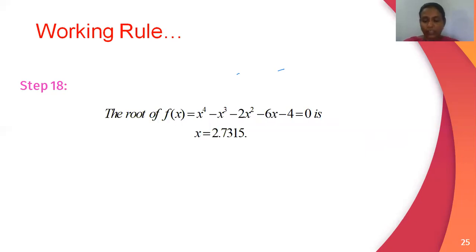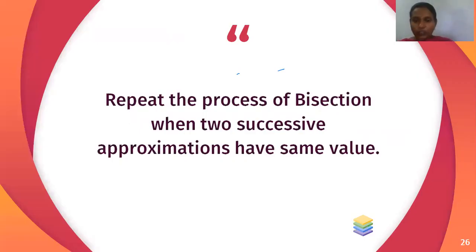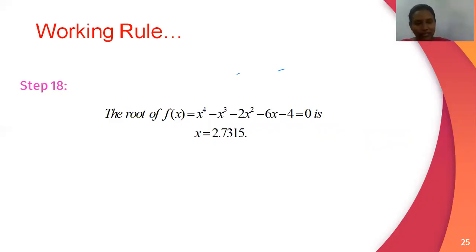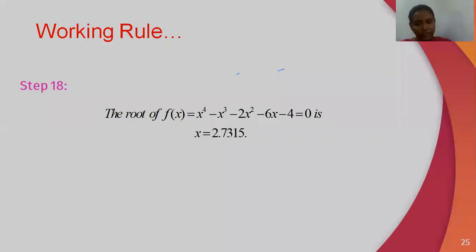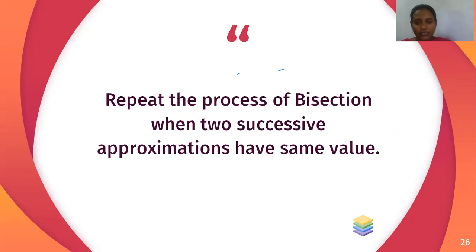In this way, we have to continue the procedure until any two successive approximations have the same value. By continuing like this, finally we got it at x14 and x15. At the 15th approximation, we got the accurate result. So in the bisection method, we get a larger number of approximations.